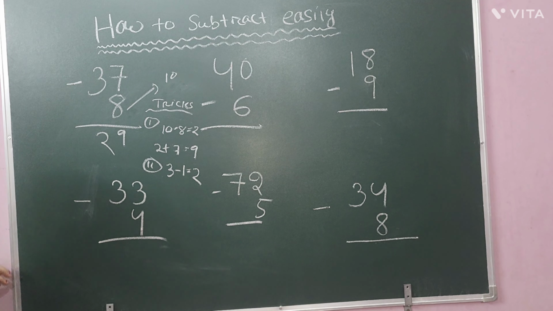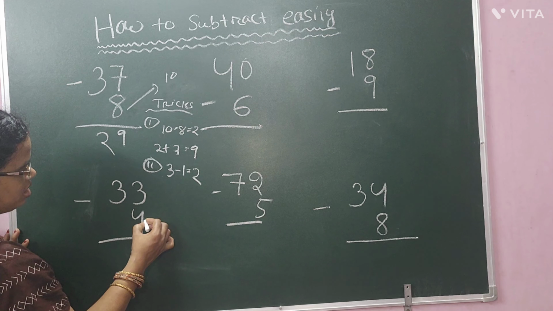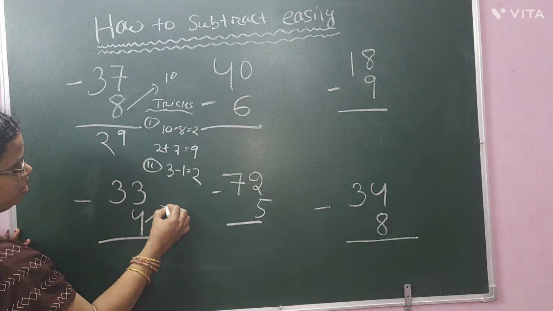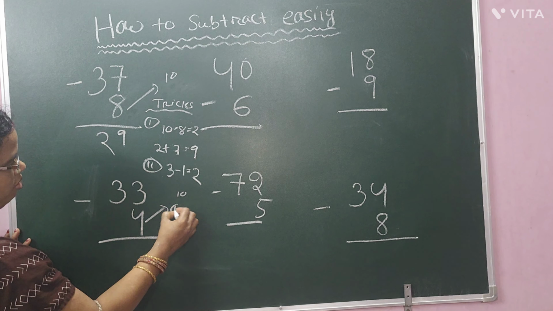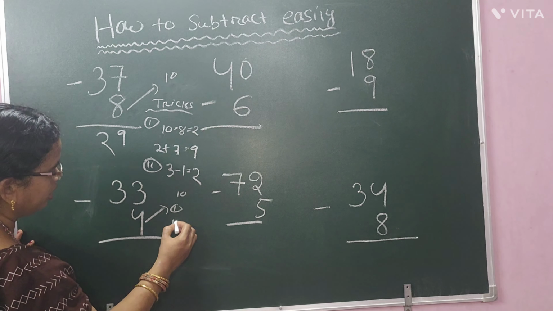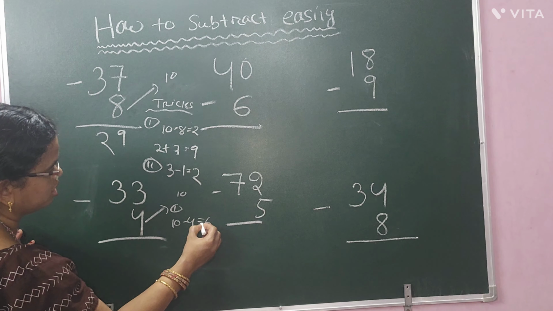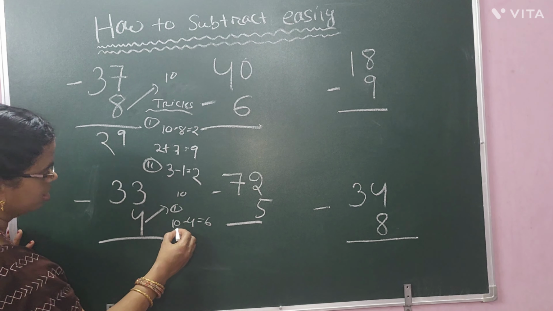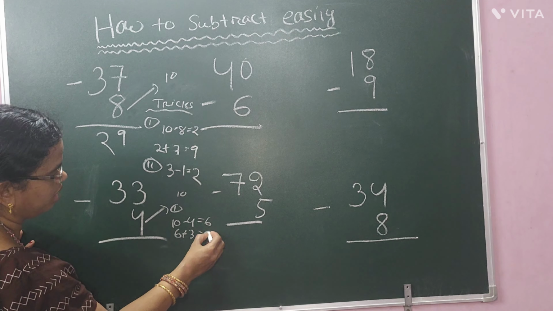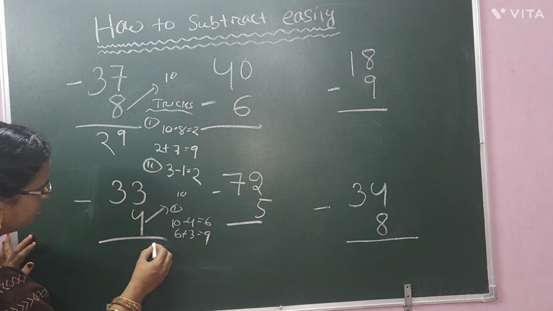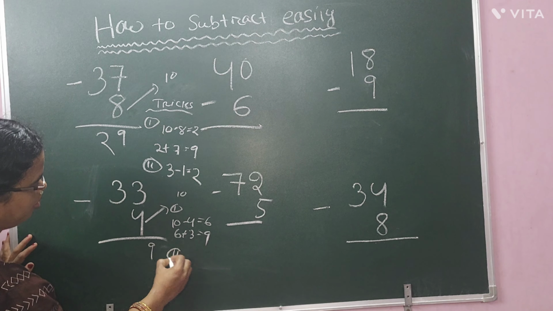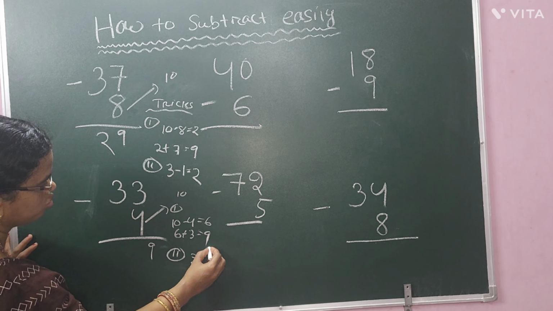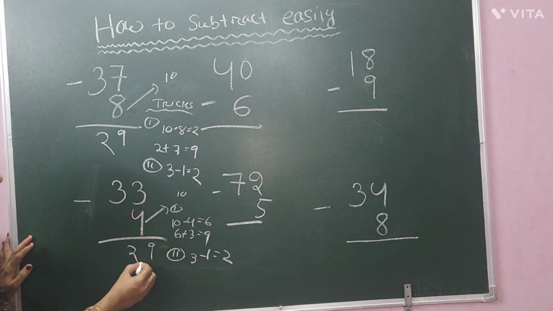Second question, take the nearest round number of 4, which is 10. 10 minus 4 is equal to 6. 6 plus 3 is equal to 9. Okay? 9. Then second point, 3 minus 1 is equal to 2.